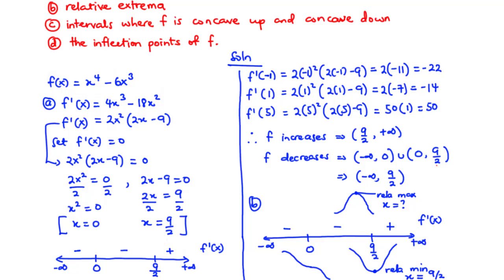So to find the intervals where the function is concave up and concave down, we need to find the second derivative of this function. Now we have the first derivative of this function to be 4x cubed minus 18x squared. So we have f prime of x to be 4x cubed minus 18x squared.